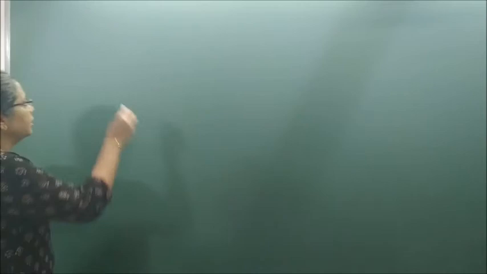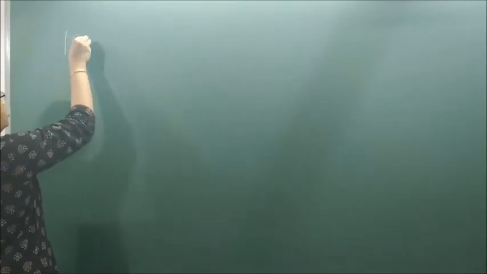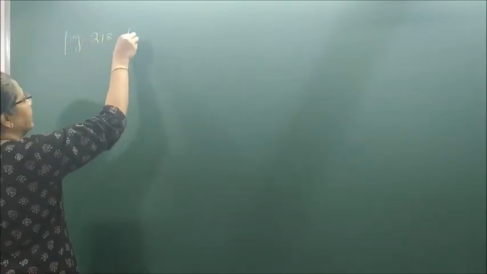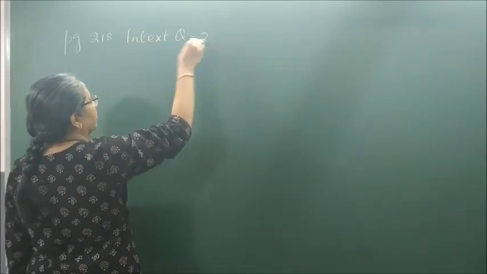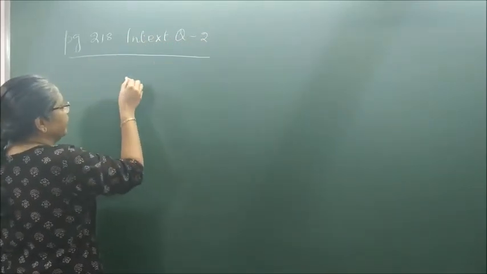So page number 218. The first question was, compute the heat generated while transferring 96,000 coulombs of charge. This is page number 218 in-text question 2. Okay, what is given?